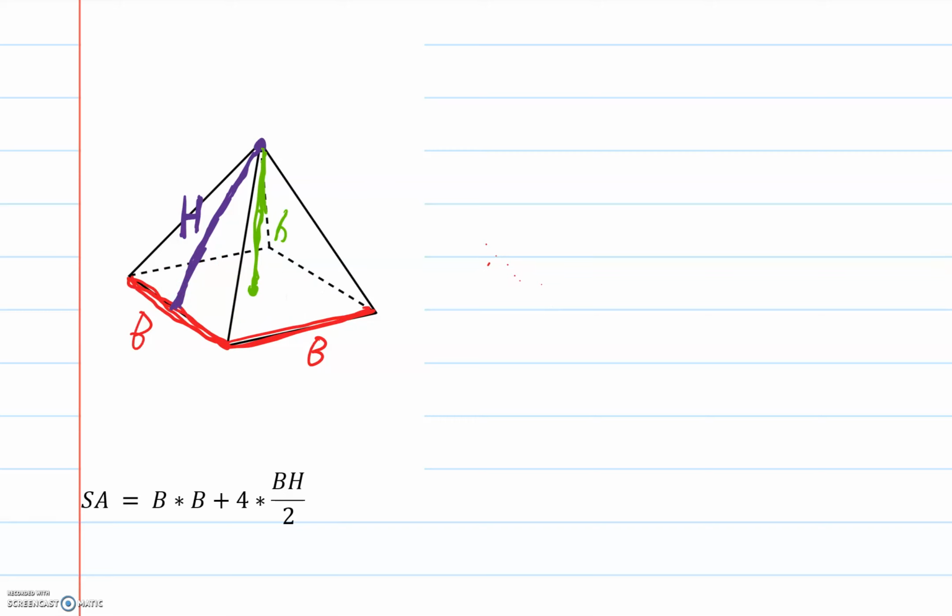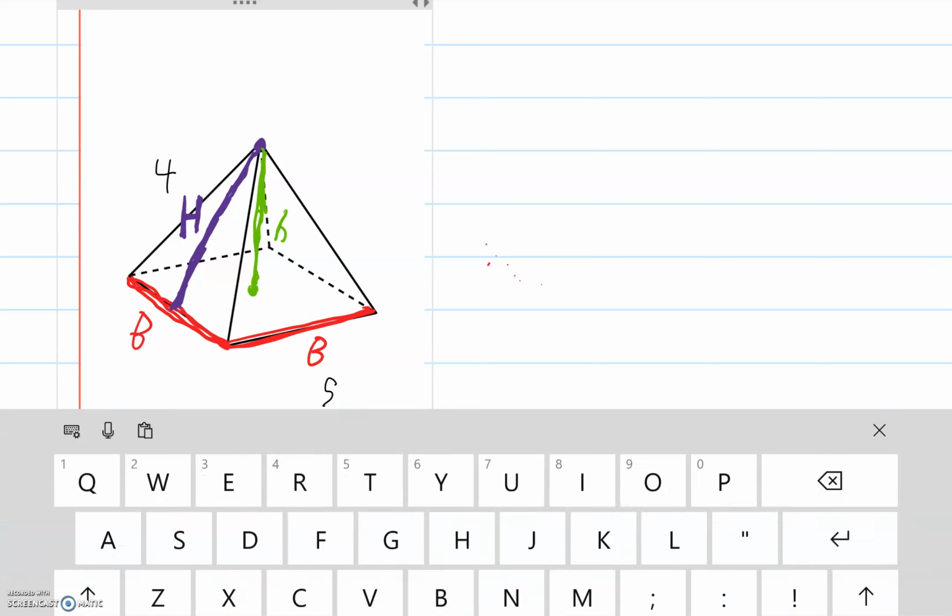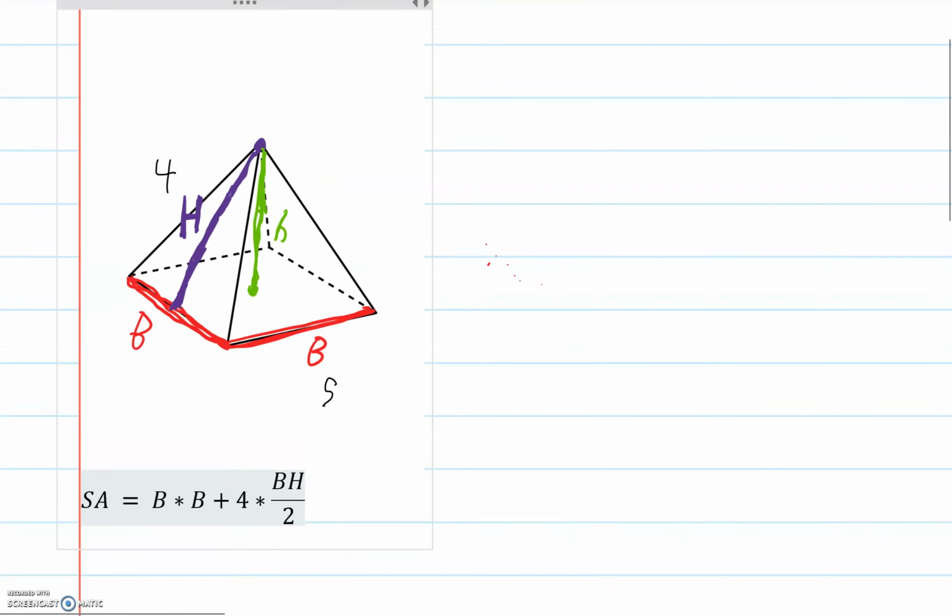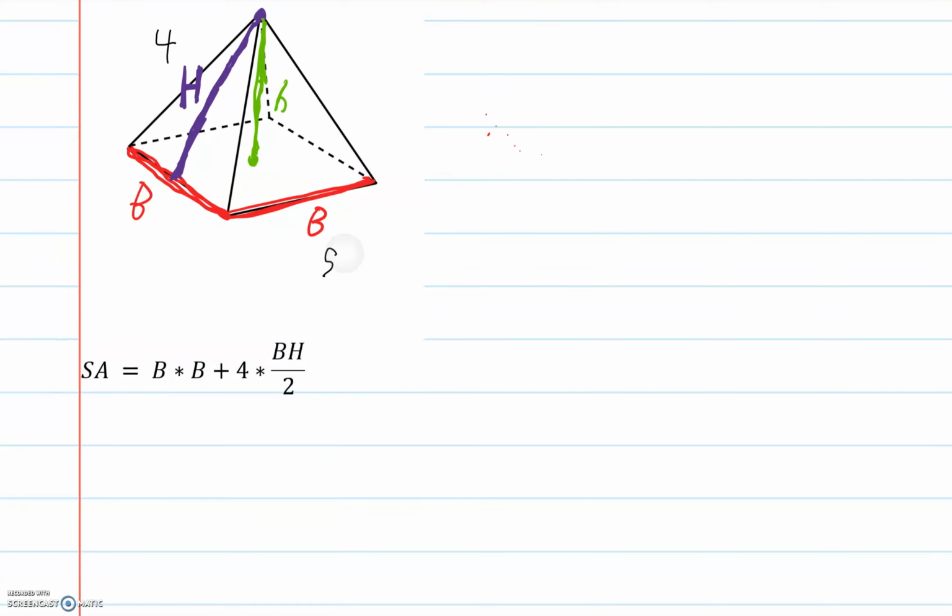So in that case, it's really, really simple. So let's put some numbers together here. Maybe our base is 5, and our purple height here is 4. So then let's write this down right here.